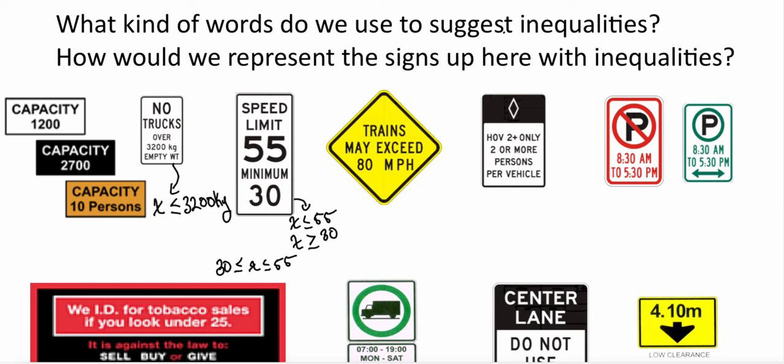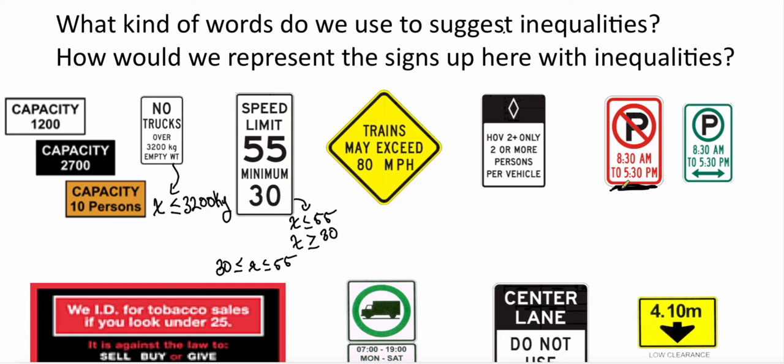So now, my last one I want to show you is this one here, which is a little bit interesting. So we have what x cannot equal to, right? There's no parking between 8:30 to 5. So everything around that can work.